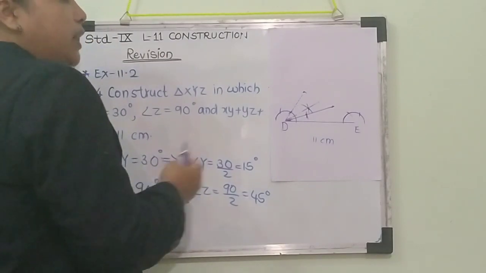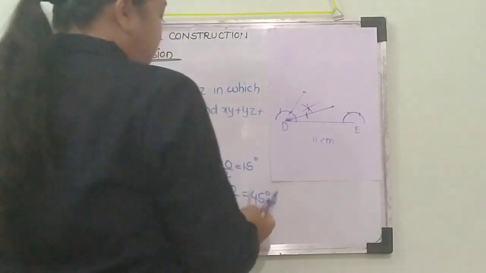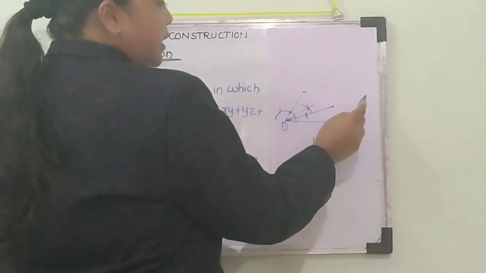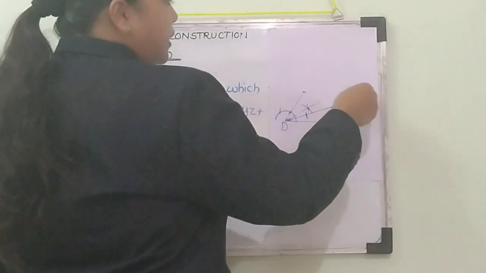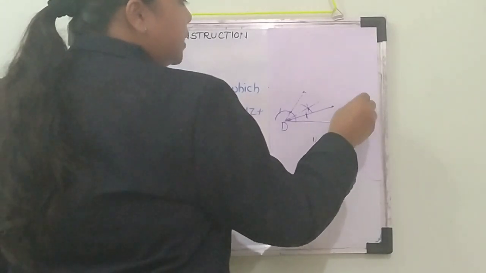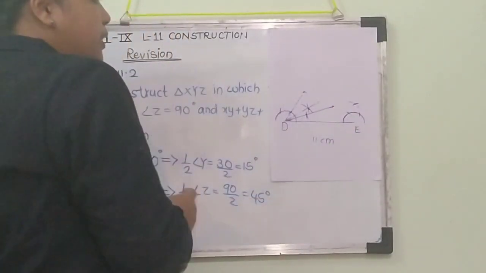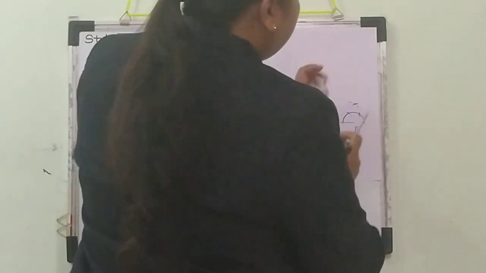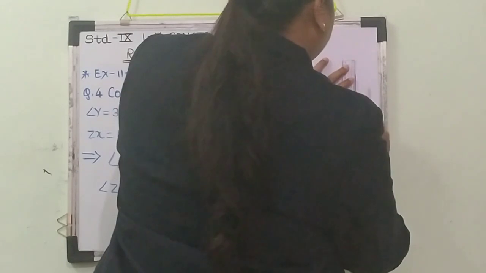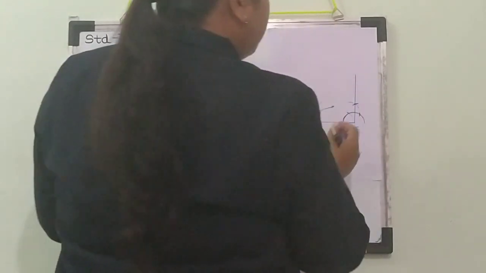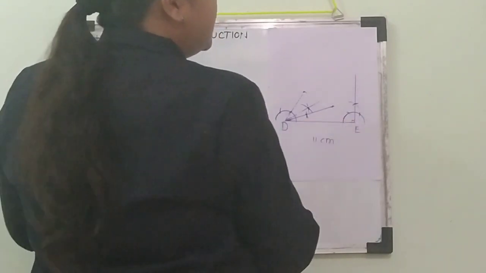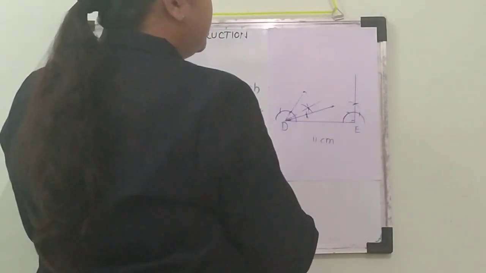Now next we have to draw the 45-degree angle. For that first we have to draw the 90-degree angle. So we can draw the arc with the same measure from 60 and 120. So we get the angle, it is of 90 degrees. Now if we draw the bisector of 90 degrees, we get 45 degrees.